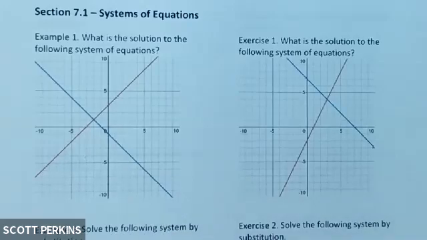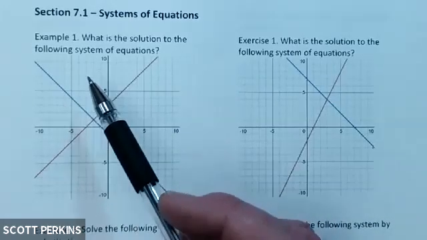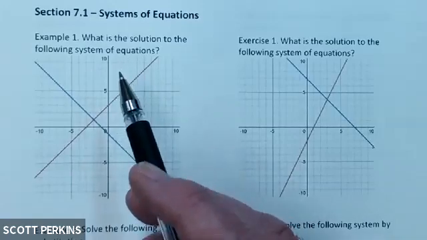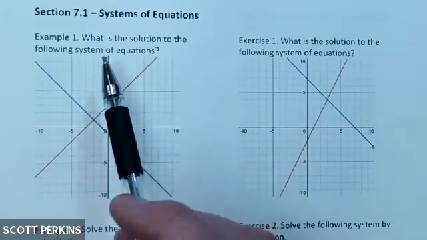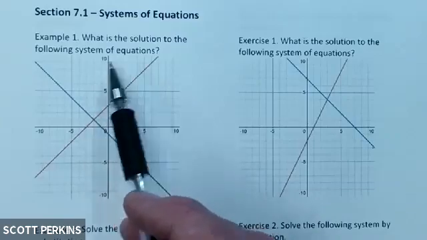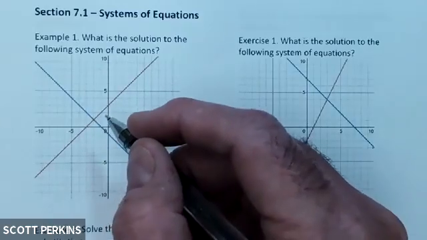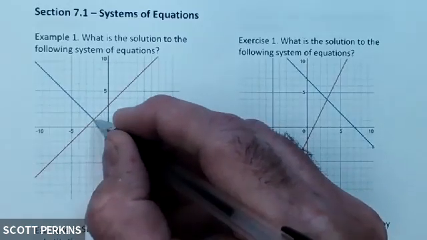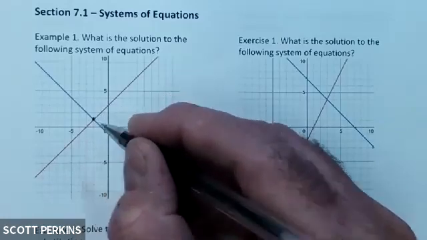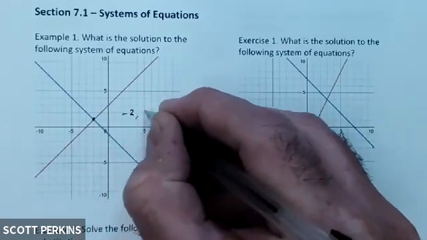So when I ask you, and I will on the test that you have on this last unit, to solve a system just by looking at the graph, what is the solution to the following system of equations? We just look at this point of intersection that is right here, and that is at the point (-2, 1).